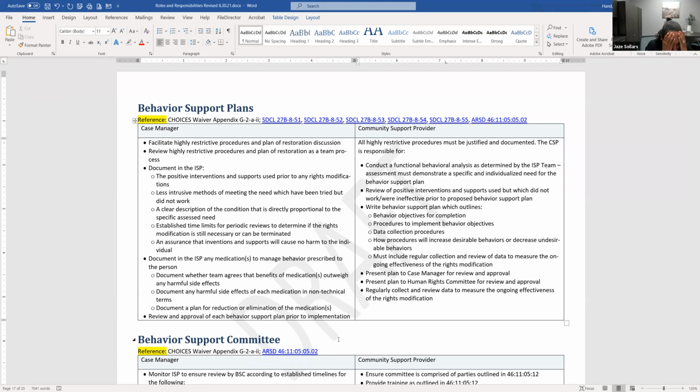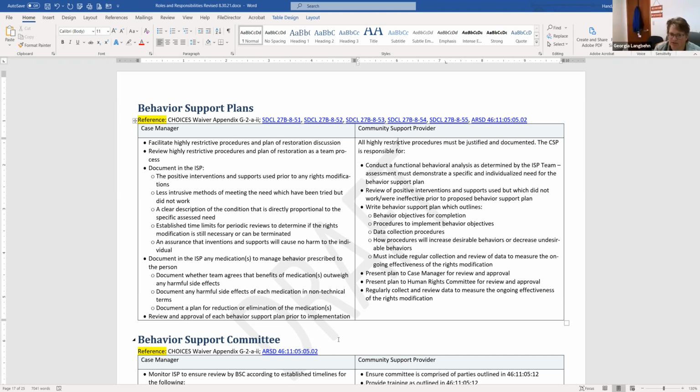But this is under behavior support plans. There's another section for the behavior support committee. True. And so doesn't the plan include all restrictions? No, I think that's the hard part, because not all behavior support plans are restrictive. But don't behavior support plans need to include all restrictions?